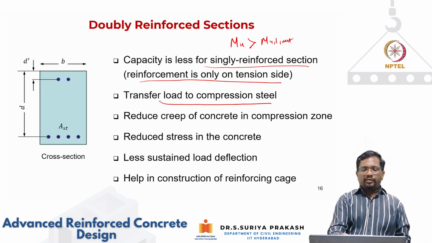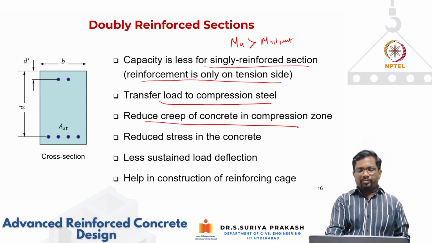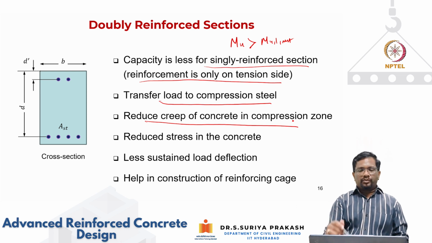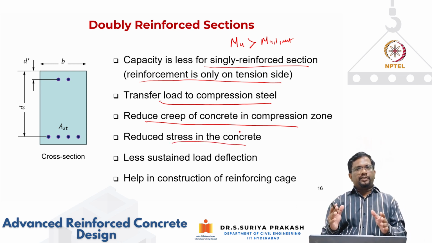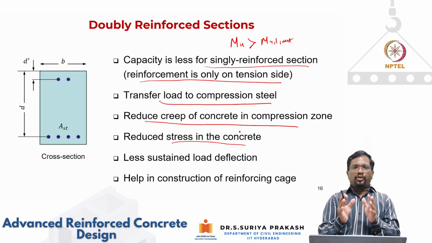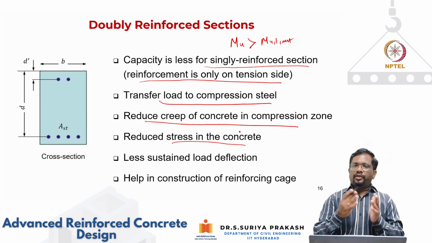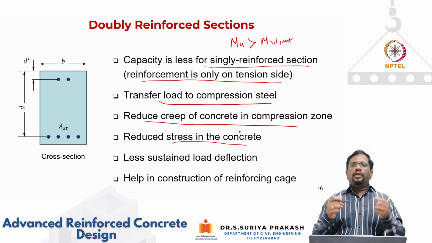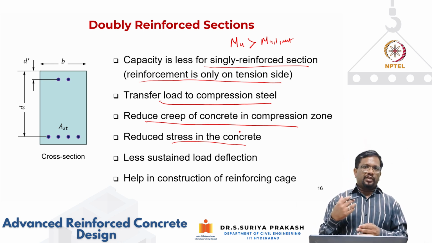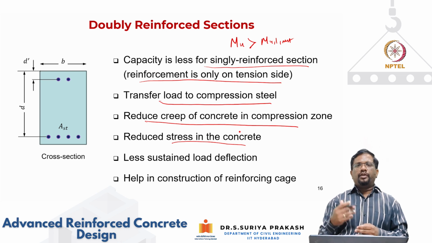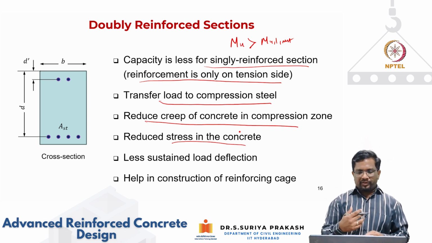Putting compression steel will actually help in reducing the creep of concrete, and it is going to help in reducing the stress levels in the concrete under service stress condition. If you want to limit your stress in the concrete due to some design requirement, then providing compression steel will help in reducing the stress levels in the concrete for a particular service moment, right?